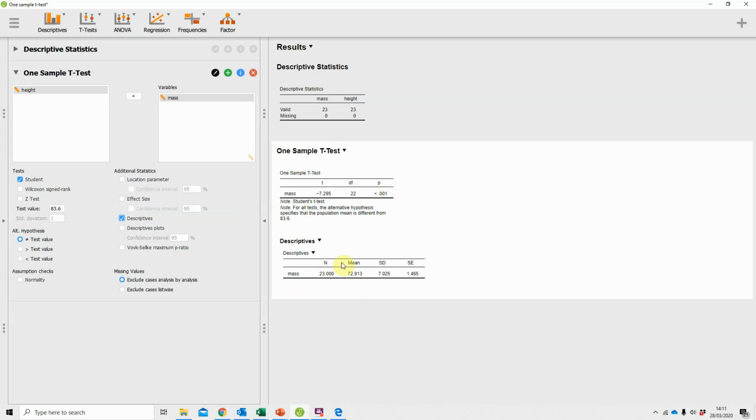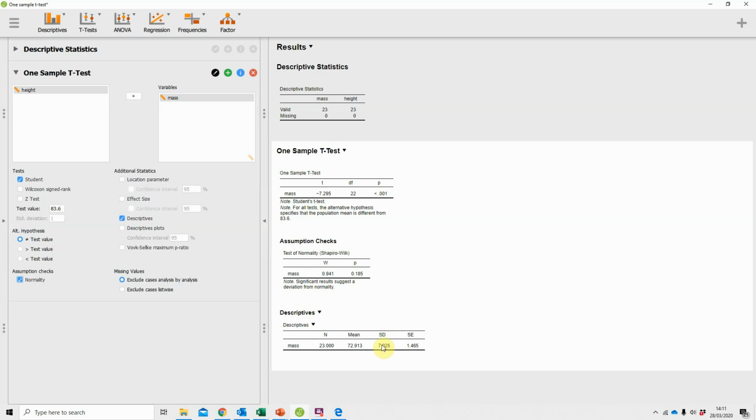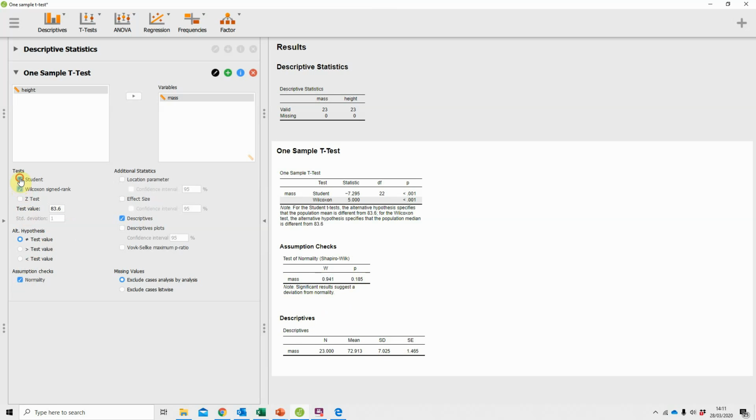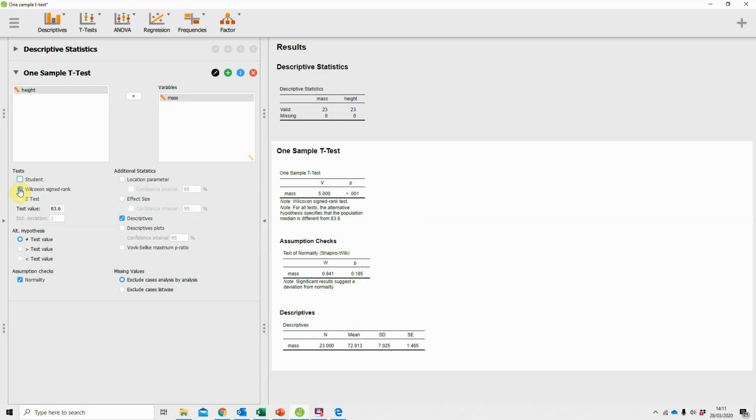So we can say this group is statistically significantly lighter than the national average in the year of 2017. Once again, if the data was not normally distributed, it is in this case, but if it was not, I would simply change these over to Wilcoxon, which I would interpret in exactly the same way.